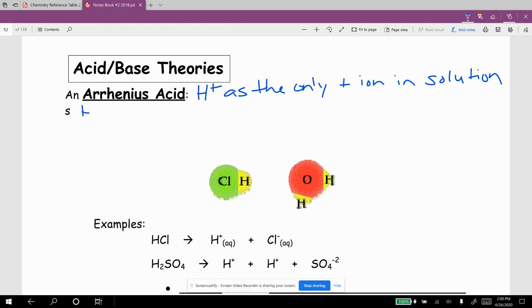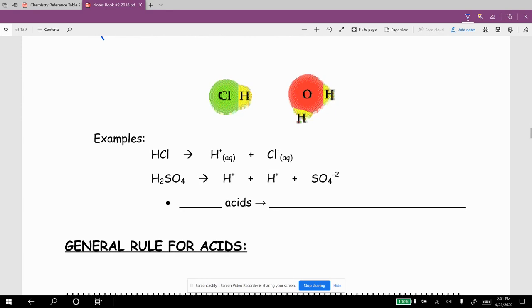We can call that the hydronium ion, which is H3O plus on Table E, because when that H plus is in the presence of water, it's going to join up with that water to make H3O.